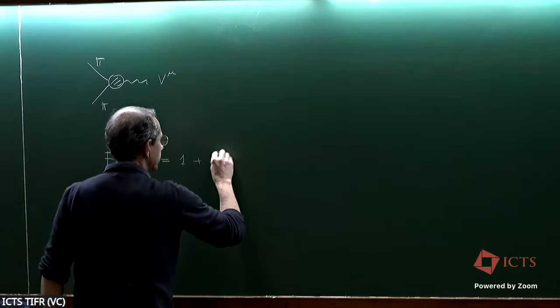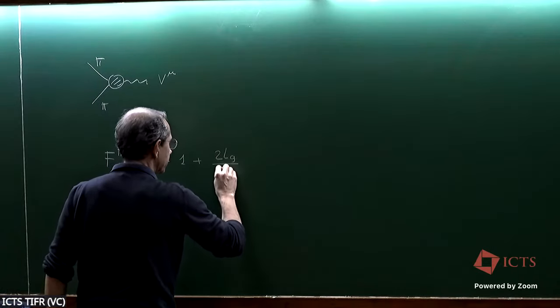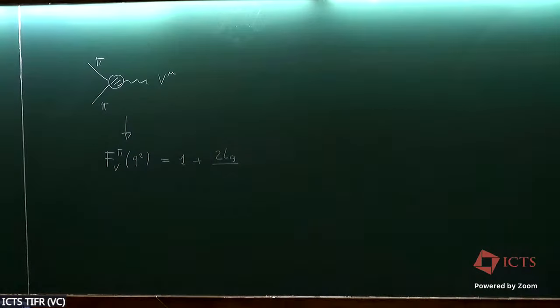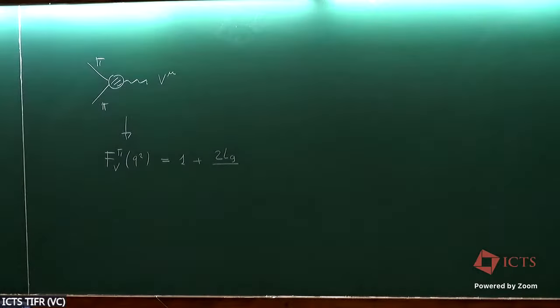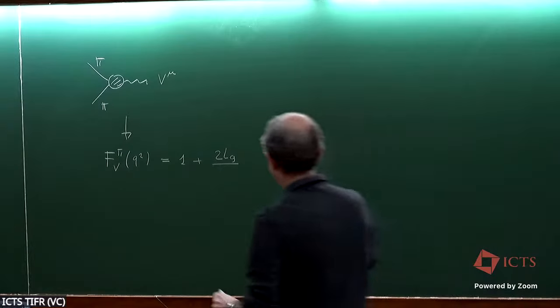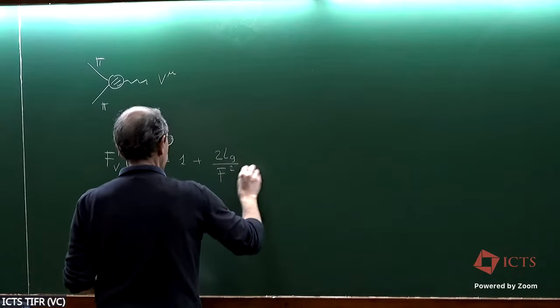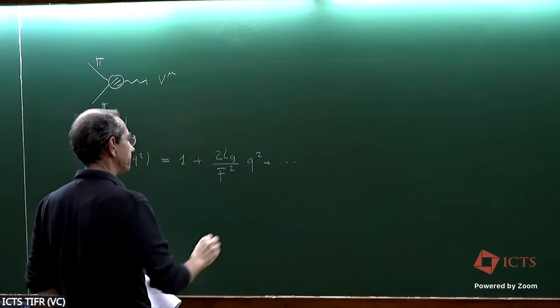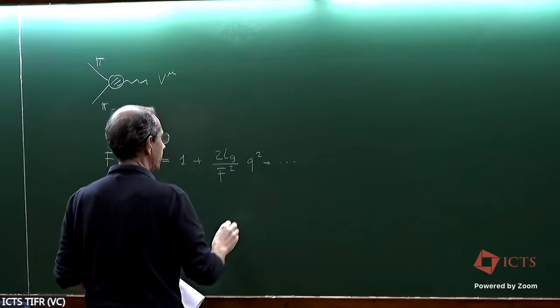We have this 2L9 divided by... sorry, let me take the precise result. And the loops are very small.